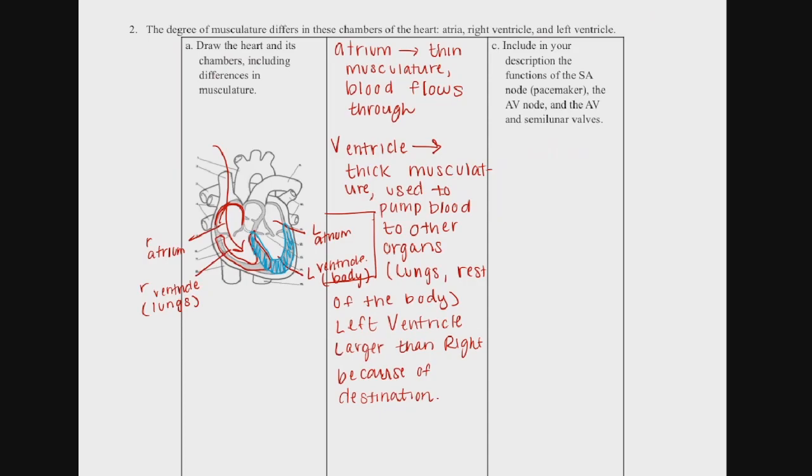We have different valves at different places. So the pulmonary valve is seen right here, and this structure here is called the pulmonary artery, hence pulmonary valve.